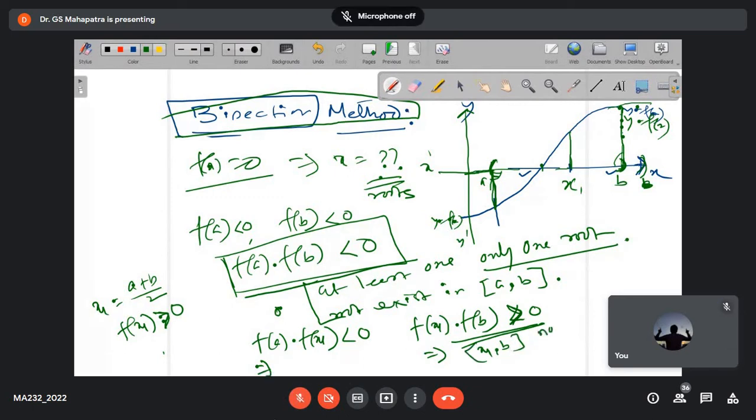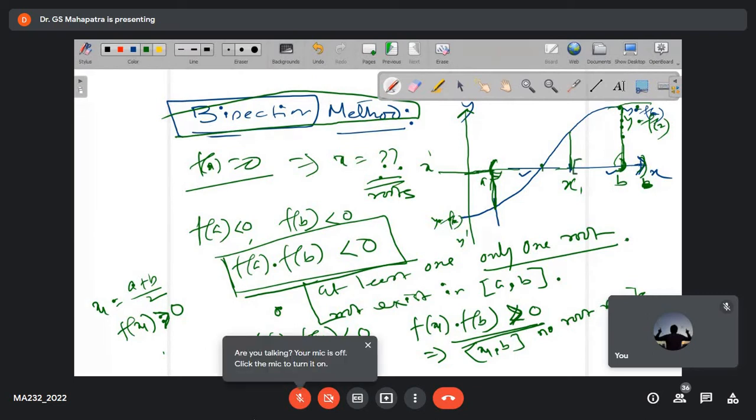No root exists. Yeah, a root does not exist between these two. There is no root, but the root lies between a and x1. Fine. So this is in the interval a comma x1.